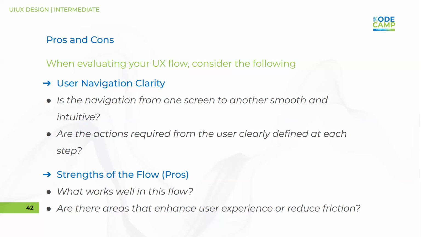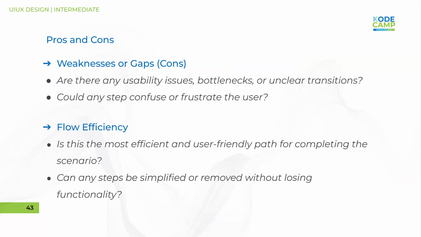Are there areas that enhance user experience or reduce friction? You also need to look at the weaknesses or gaps, that is the cons. Are there usability issues, bottlenecks, or unclear transitions? Could any step confuse or frustrate the user?